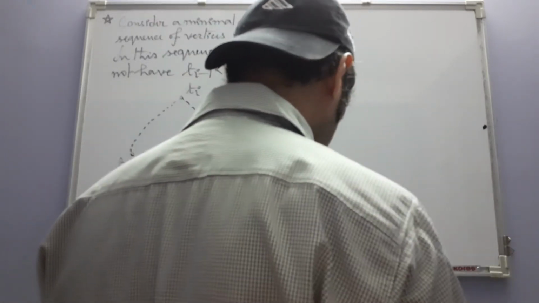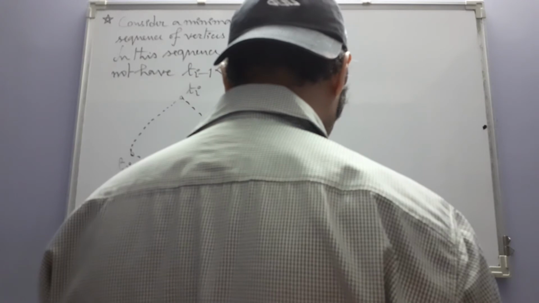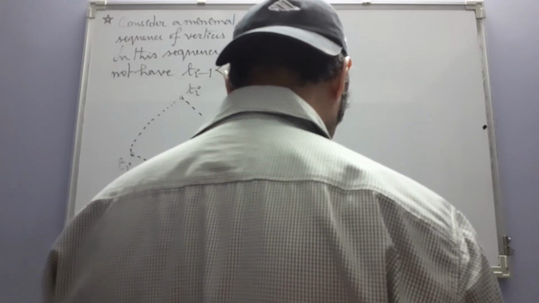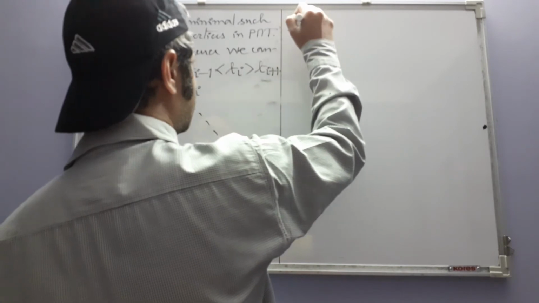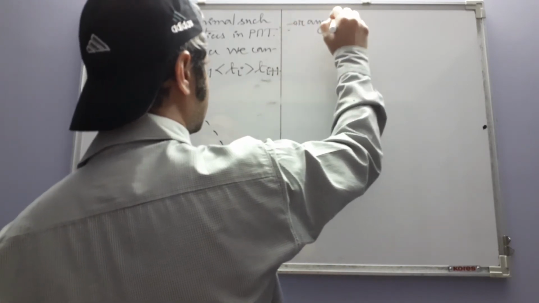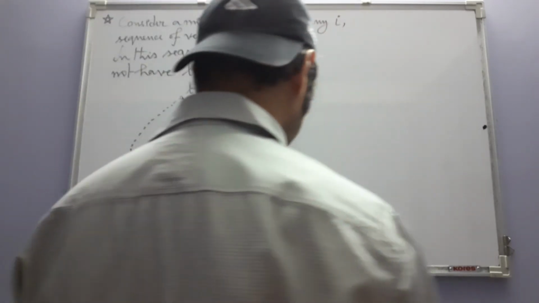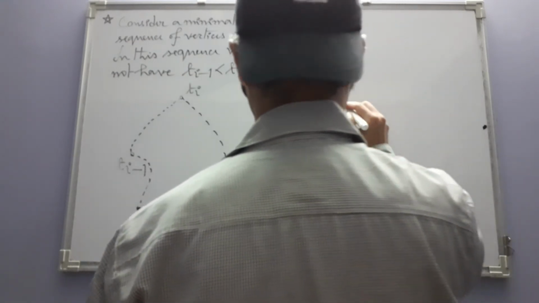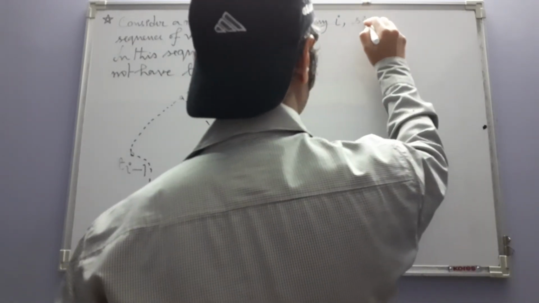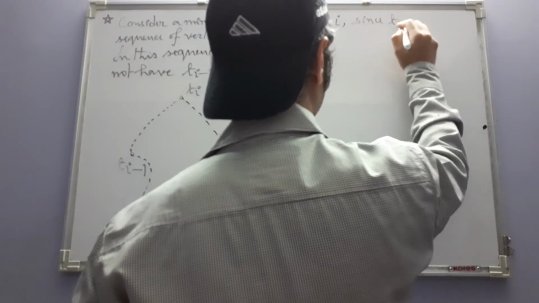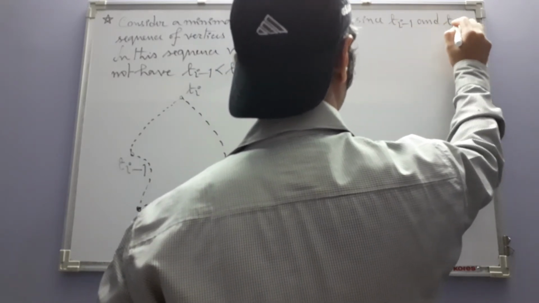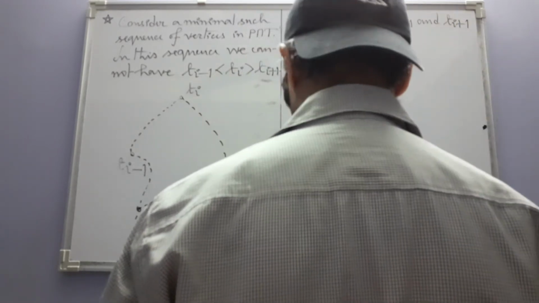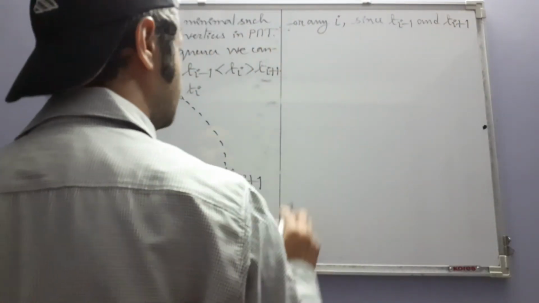So the next line says this for any i, since Ti minus 1 and Ti plus 1 would then be comparable.